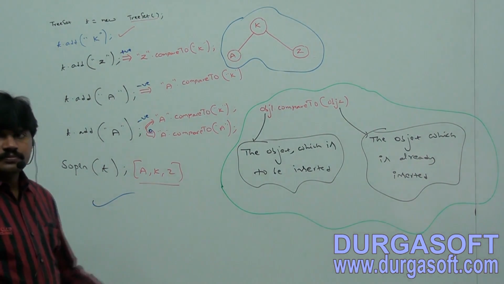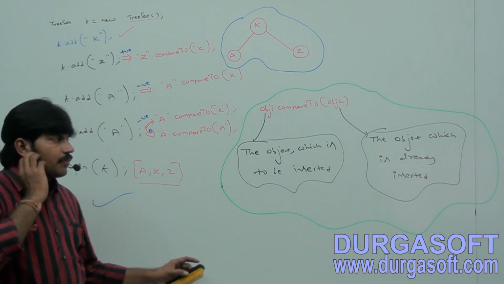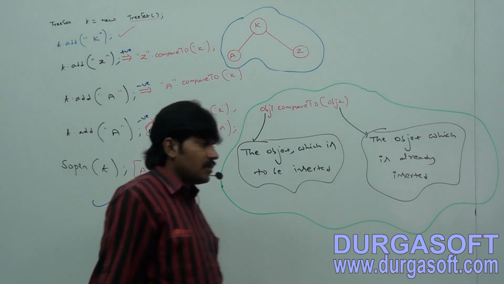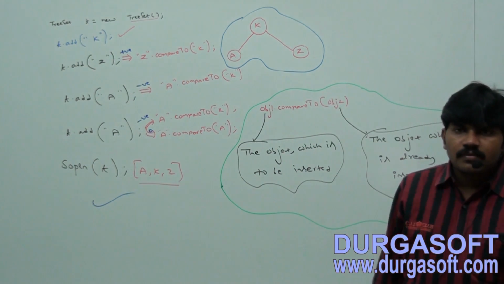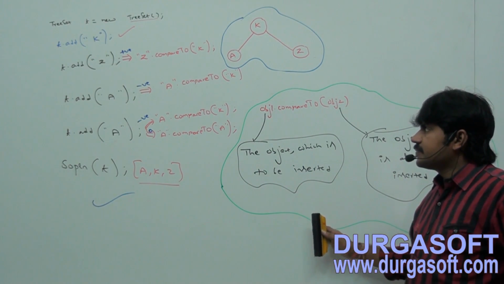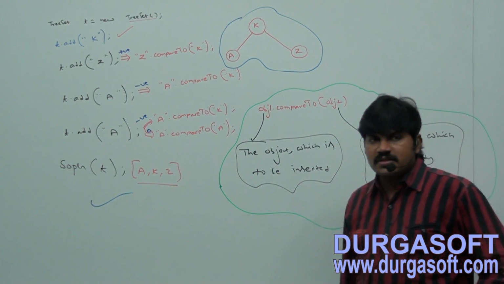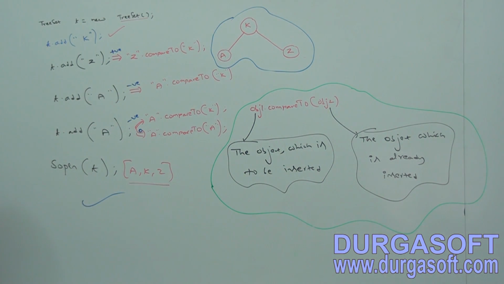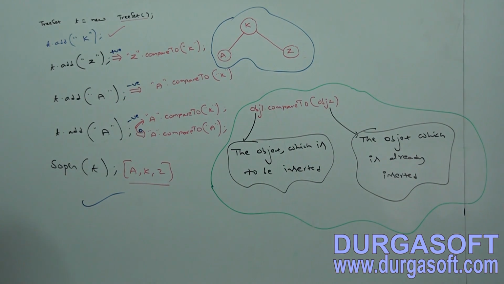Completed, right? So this is the most valuable terminology you should be aware of clearly. So the output we are going to get is A, K, Z. Any explanation required about this one?